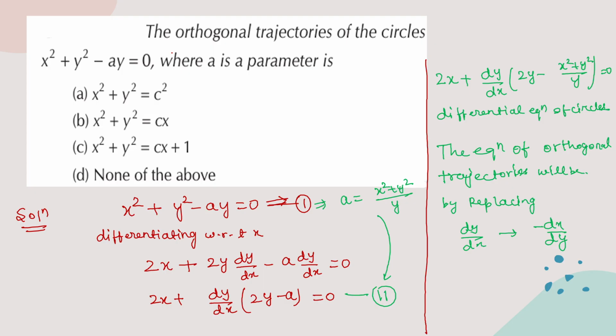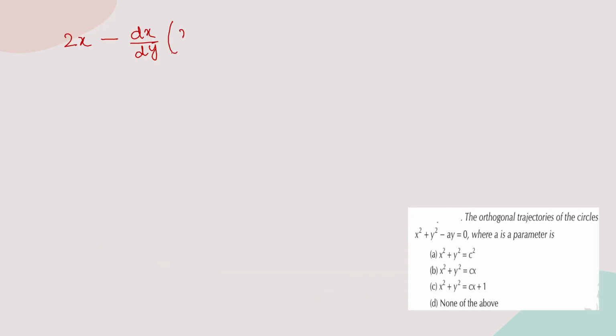So when you take the LCM, 2y square minus x square plus y square, it will become, sorry, minus x square plus y square, or I can say y square minus x square upon y, equal to 0. Now this is the another differential equation you have got.